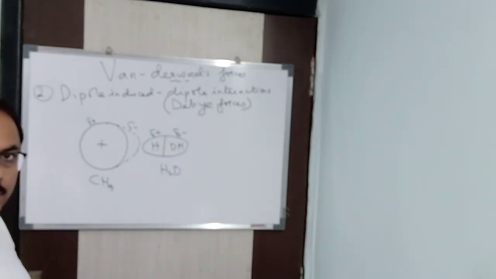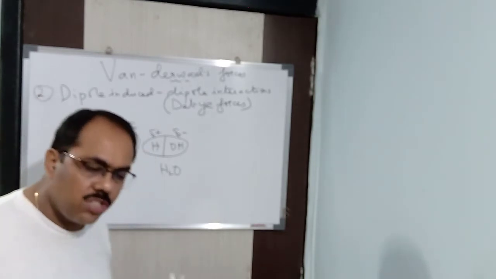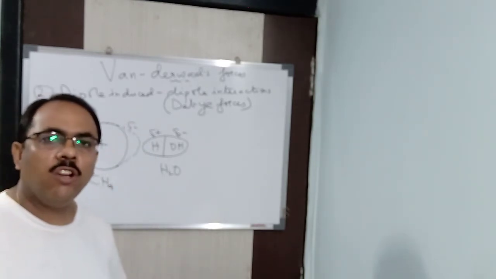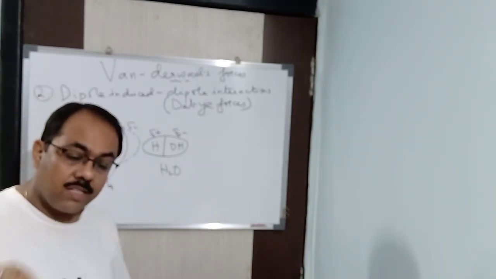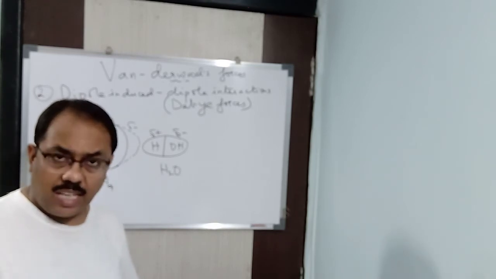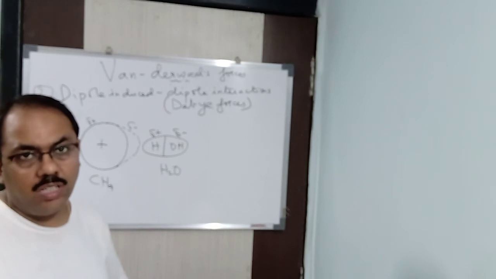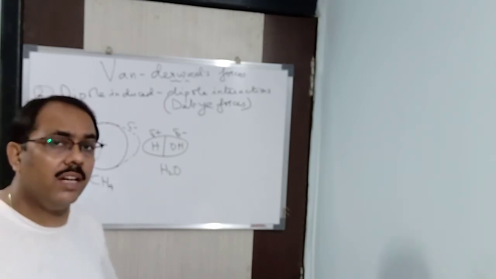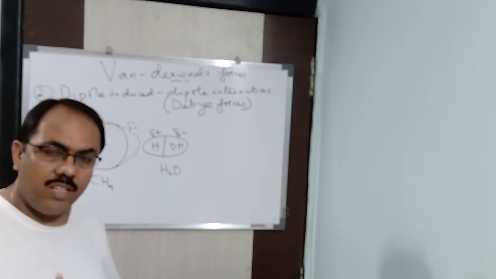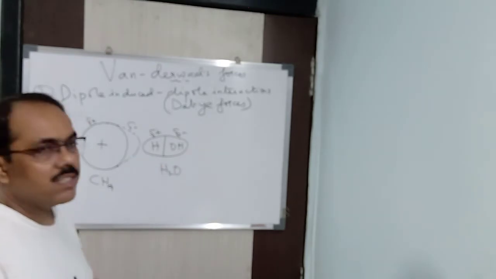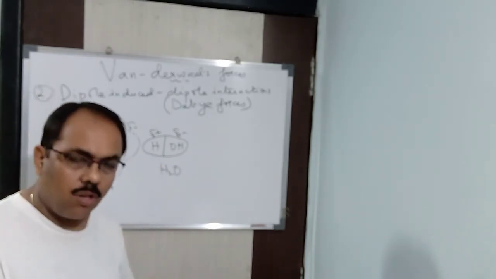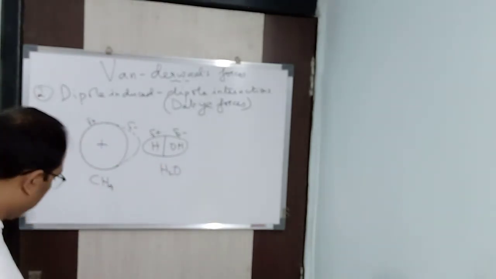Debye forces. Due to this reason only, some non-polar molecules are slightly soluble in polar solvent. As I gave you the example, like methane, ethene, propane, butane, butene, ethyne, they are slightly soluble in water. The reason is the existence of Debye forces when they are brought closer to each other. Clear?